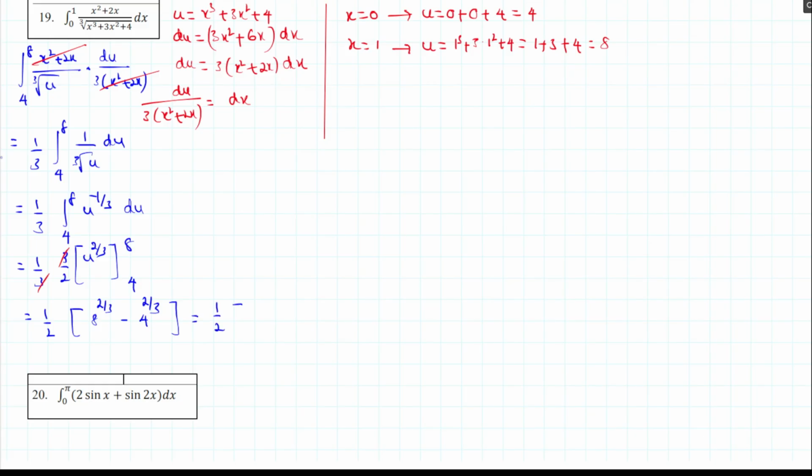That is 1/2 times 2 squared, which is 4, and you can leave the 4 to the 2/3 as it is. So this is the definite integral.